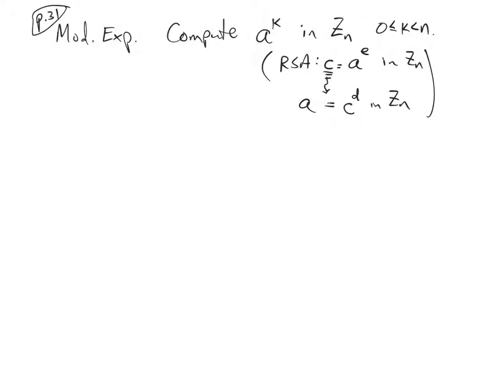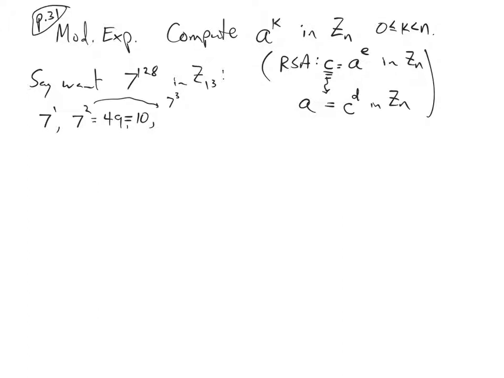So the obvious algorithm is to compute, say you want 7 to the 128 in Z sub 13. You could say, well, 7 to the 1 is 7, so 7 squared is 49, which turns out to be 10 in Z13, and then we can multiply that by 7 to get 7 to the third, which seems like the easiest thing in the world.